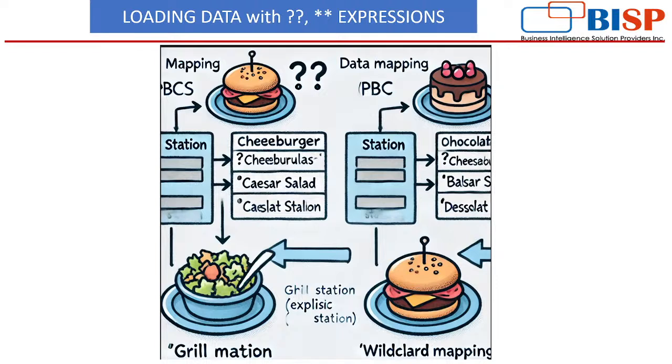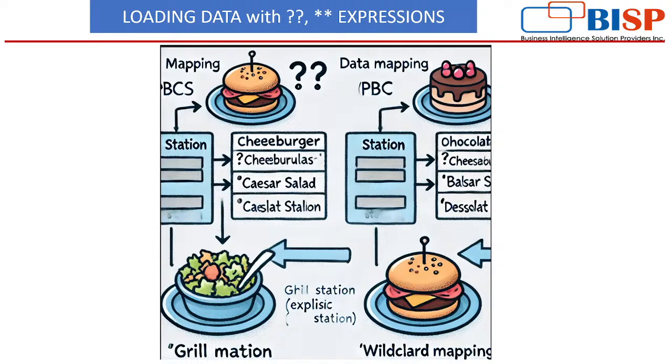So the customer order is a flat file. It consists of order 1, which is a burger, order 2, which is a salad, and order 3, which is a cake. Now how do we map in the system? The burger has to go to the grill station, the salad to the salad station, and the cake to the dessert station.